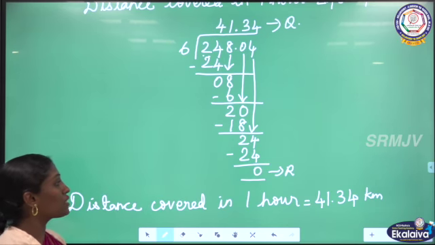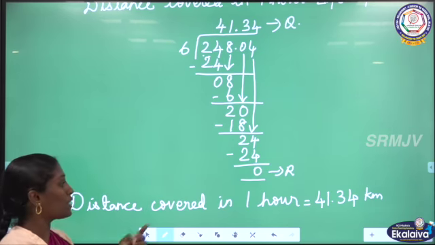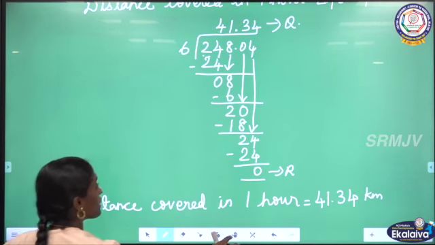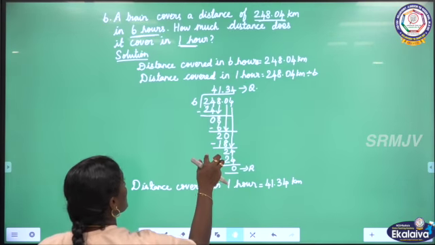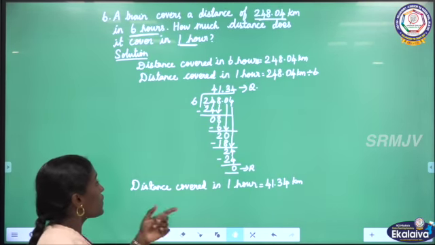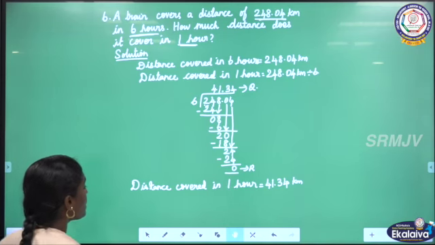The train will cover 41.34 kilometer in 1 hour. Is it clear? From the distance covered in 6 hours, we are finding the distance covered in 1 hour.